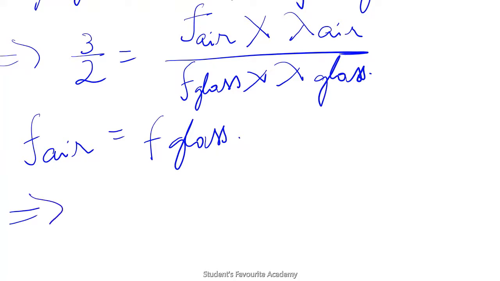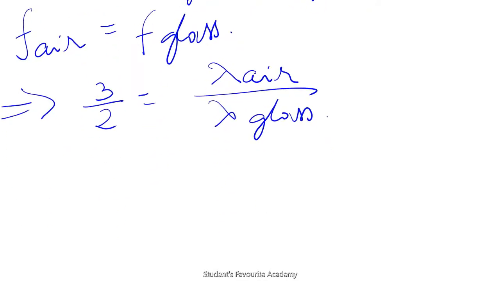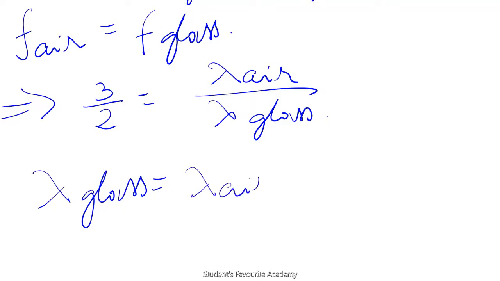So it implies 3 upon 2 is equal to lambda of air upon lambda in glass. So lambda in glass is equal to lambda in air into 2 upon 3.